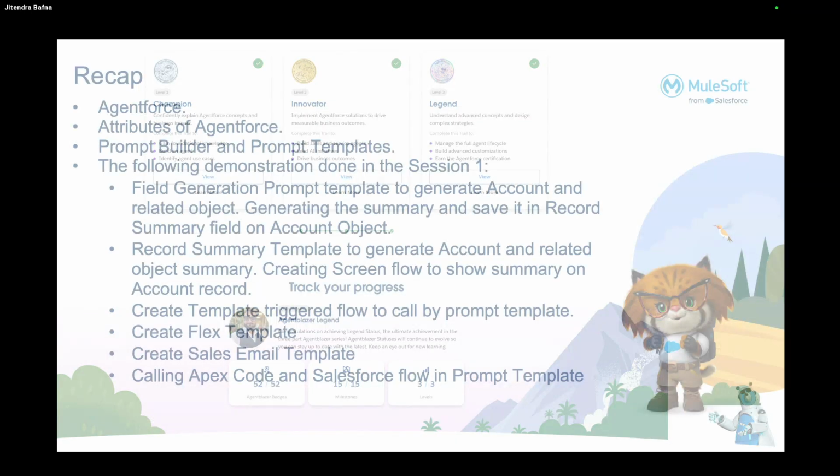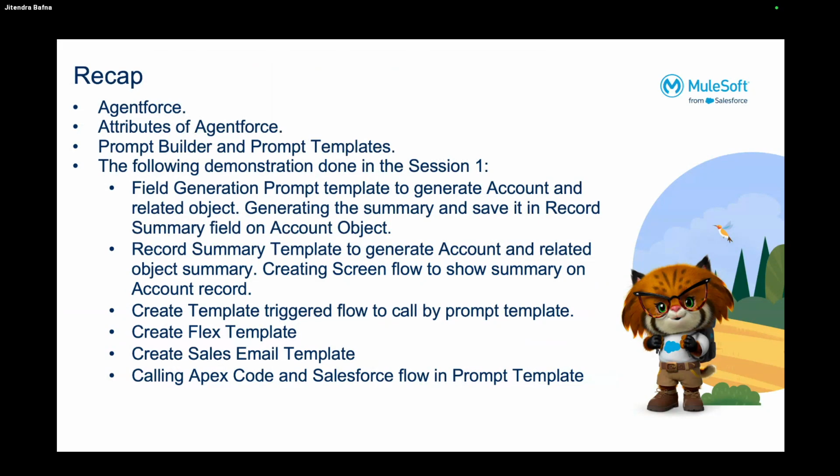Okay, so let's recap what we have done in the last two sessions. We went through what Agentforce is. We have seen the architecture of Agentforce, like how Agentforce works. We have seen the attributes of Agentforce. Then we have seen Prompt Builder and prompt templates: the field generation prompt template, the record summary prompt template, and the sales email prompt template.